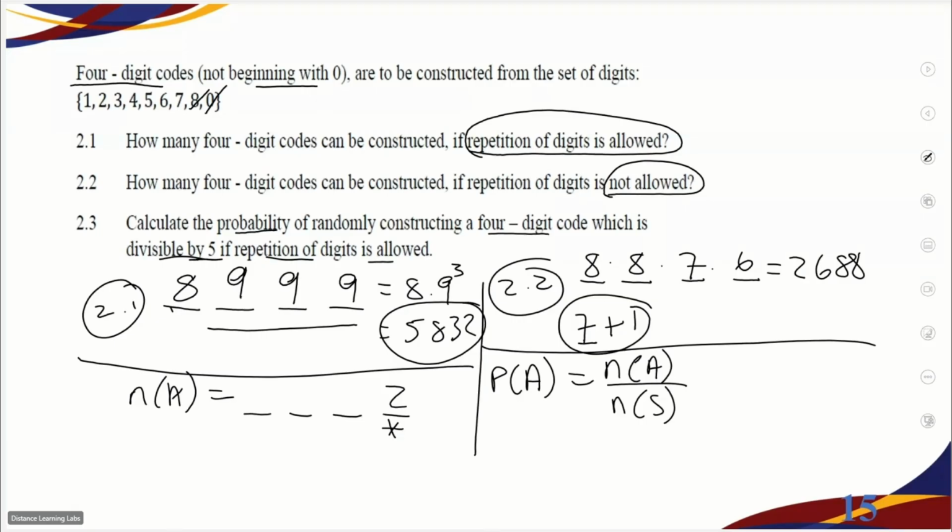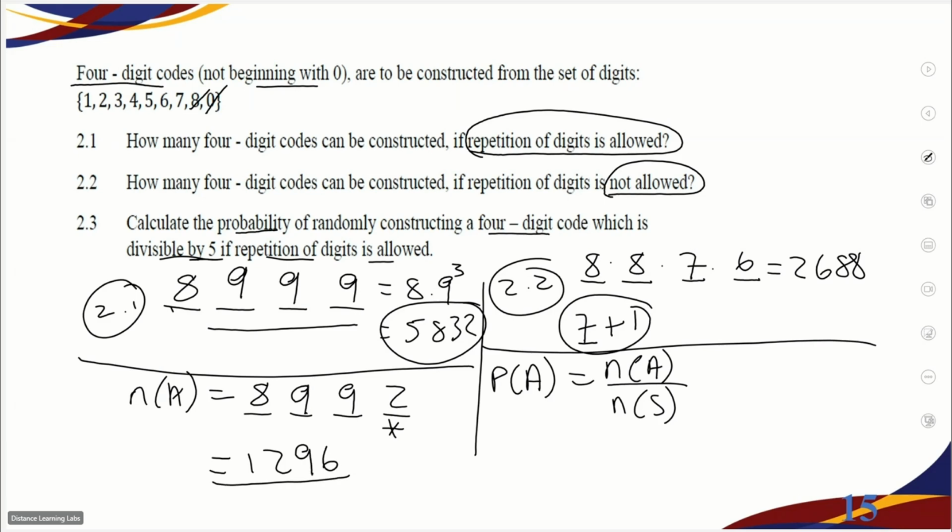Digits are allowed to repeat, irrespective of which numbers occupied the first and last, so all 9 of them would compete in the middle positions. Meaning our possible outcomes would be 8 multiplied by 9, multiplied by 9, multiplied by 2, which gives us 1,296. This is our number of possible outcomes.